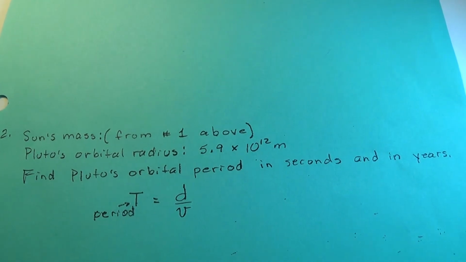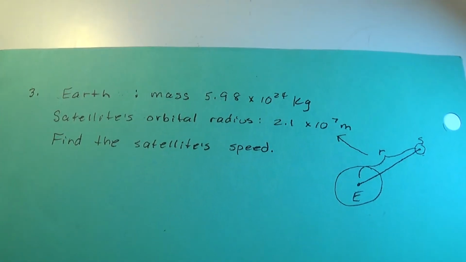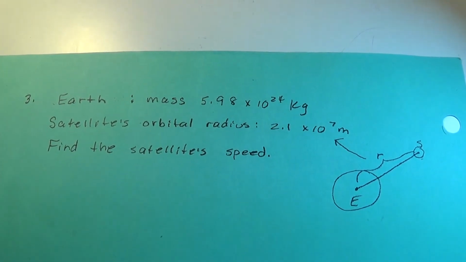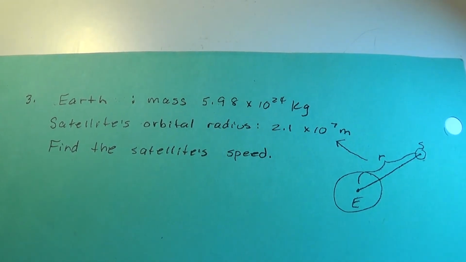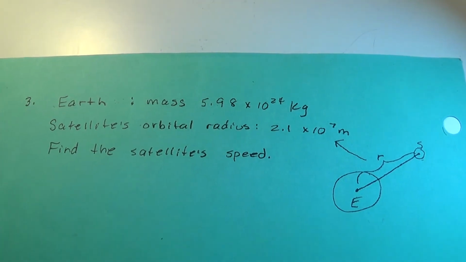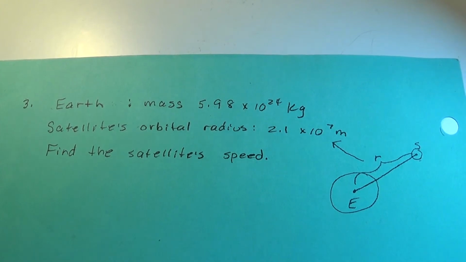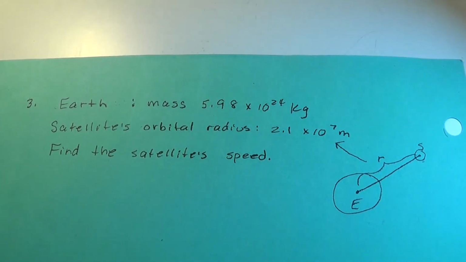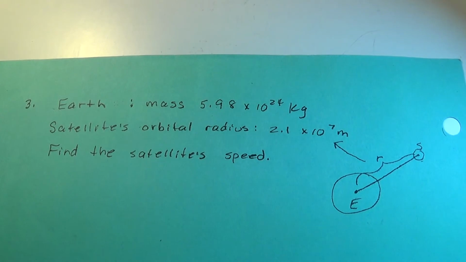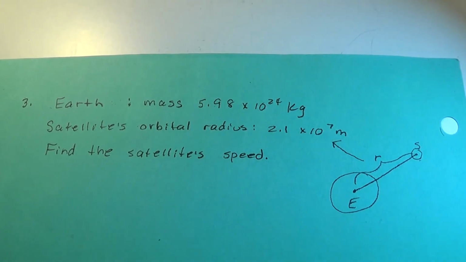On the third one, we have the Earth's mass given, and there's a satellite involved, and its orbital radius is given. When I say orbital radius, that includes the radius of the Earth as I pictured there, so you don't have to make any adjustments. You need to find the speed, or velocity in our formula, of the satellite.